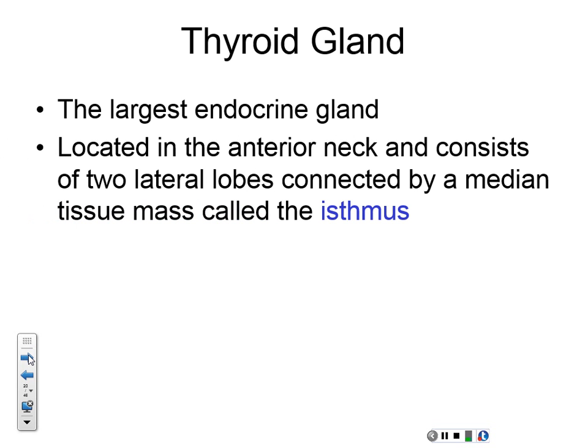So it's the largest endocrine gland, right? It's totally committed to producing hormones as an endocrine gland. Some of the other glands, like the pancreas, have an exocrine function. We'll talk about it later on. So the pancreas has both endocrine and exocrine function, so it's not totally an endocrine gland. That's why the thyroid becomes the largest endocrine gland.